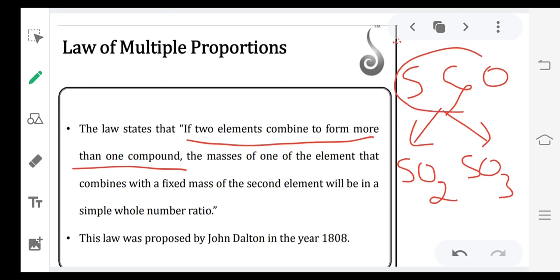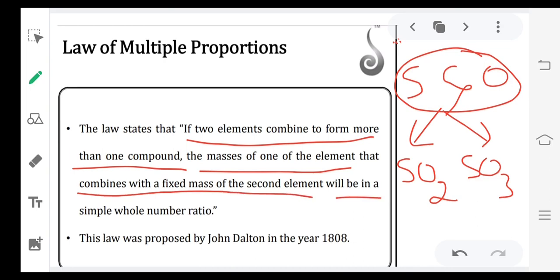These two elements combine giving two compounds, SO2 and SO3. Then the masses of one of the elements that combine with a fixed mass of the second element will be in a simple whole number ratio.